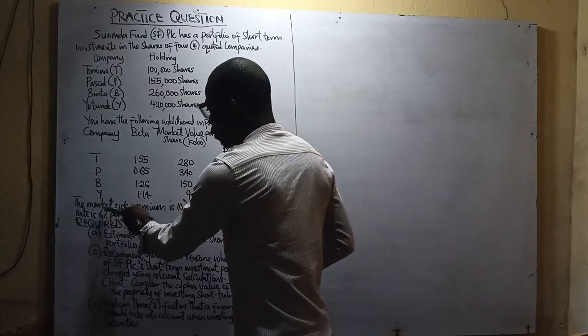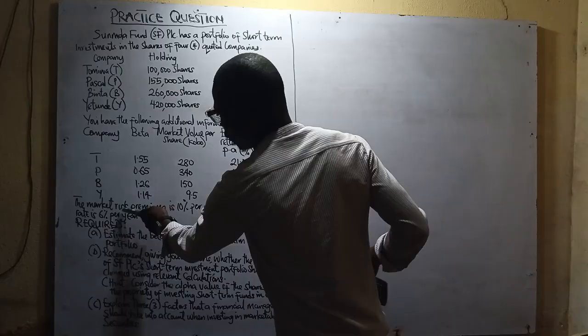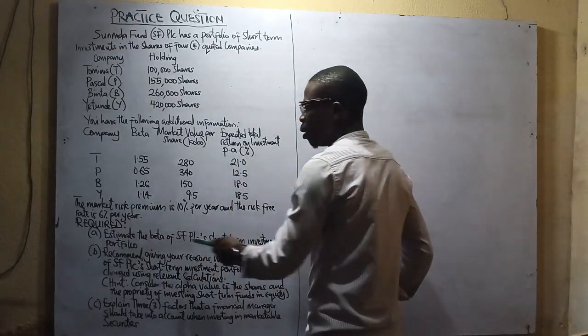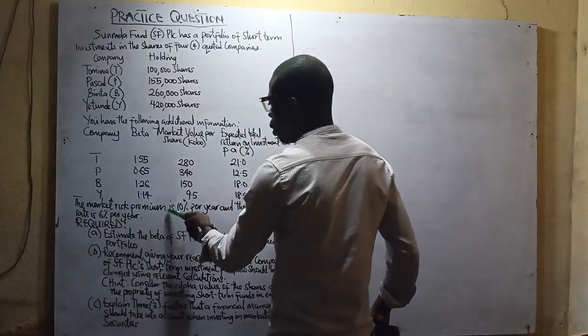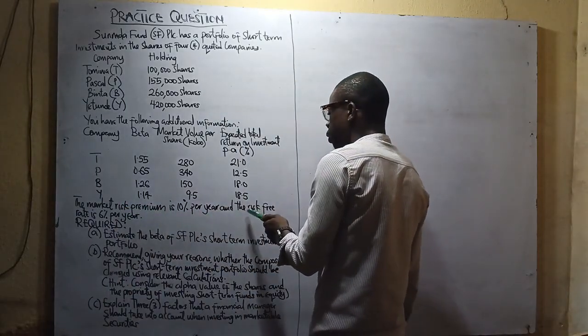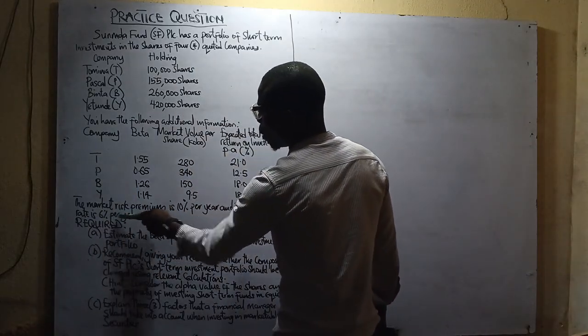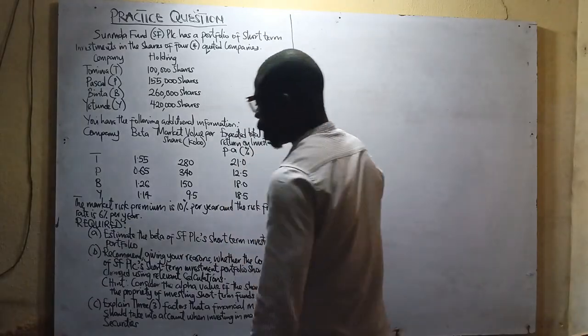They said the market risk premium is 10% per year, and the risk-free rate is 6% per year. We are asked to calculate.